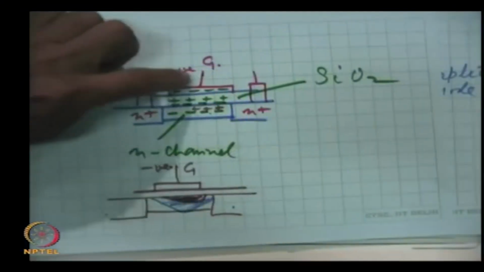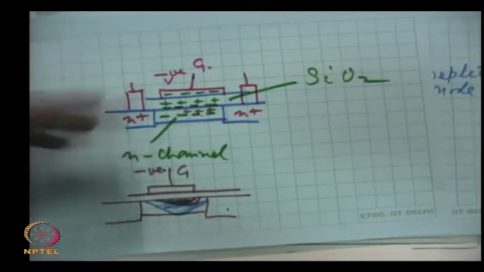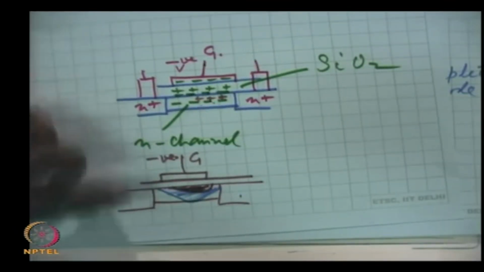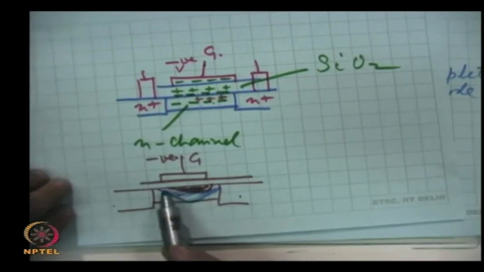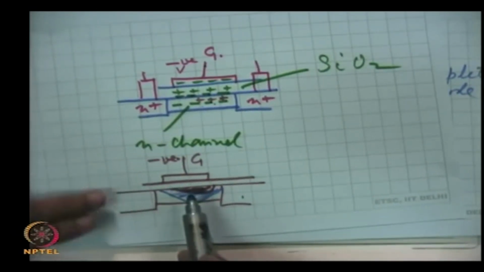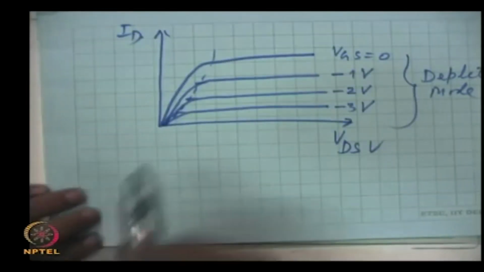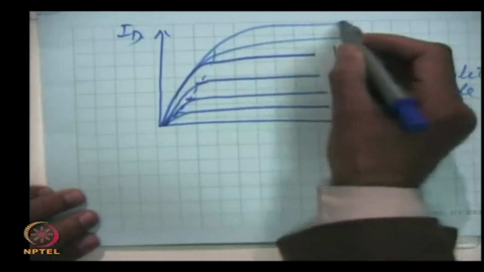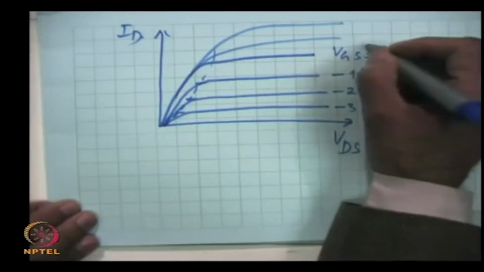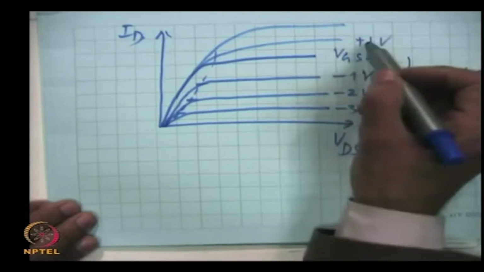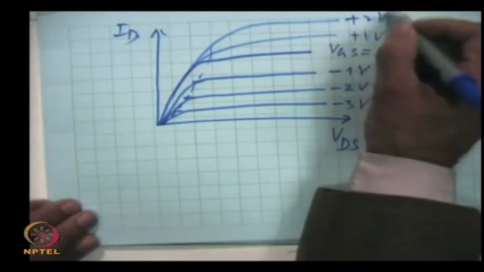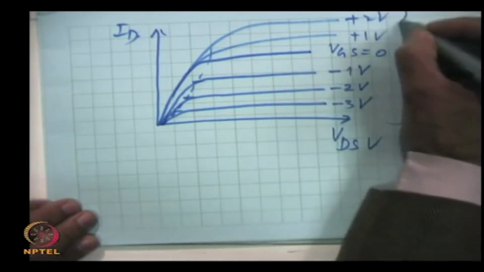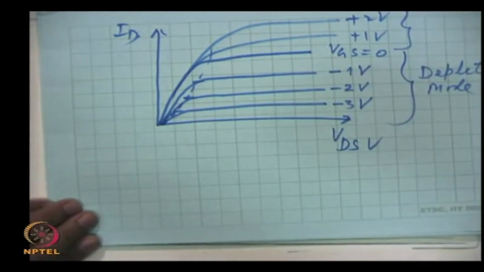If we give a positive voltage to the gate, which is possible, that will enhance the conductivity, that will induce more negative charges in the channel and hence the conductance will increase. So, the currents will change, and here this is plus 1 volt VGS, plus 2 volts, and so on, and this is known as enhancement mode. The depletion device is now working in enhancement mode.